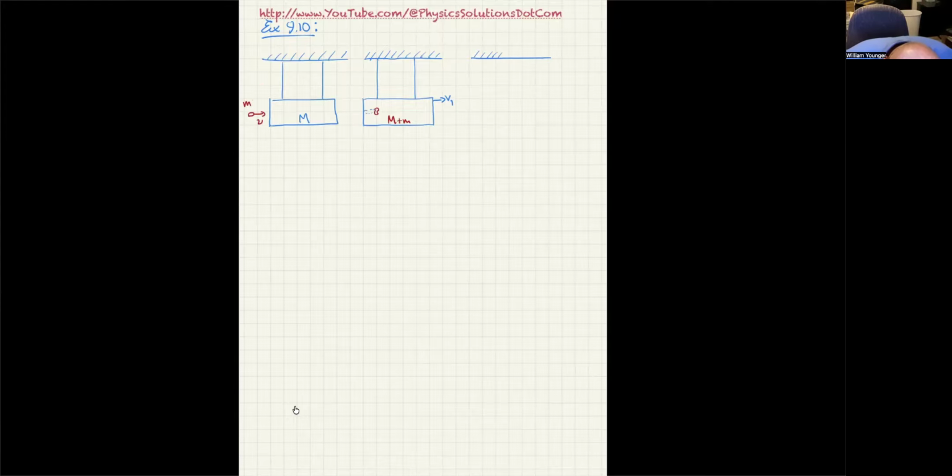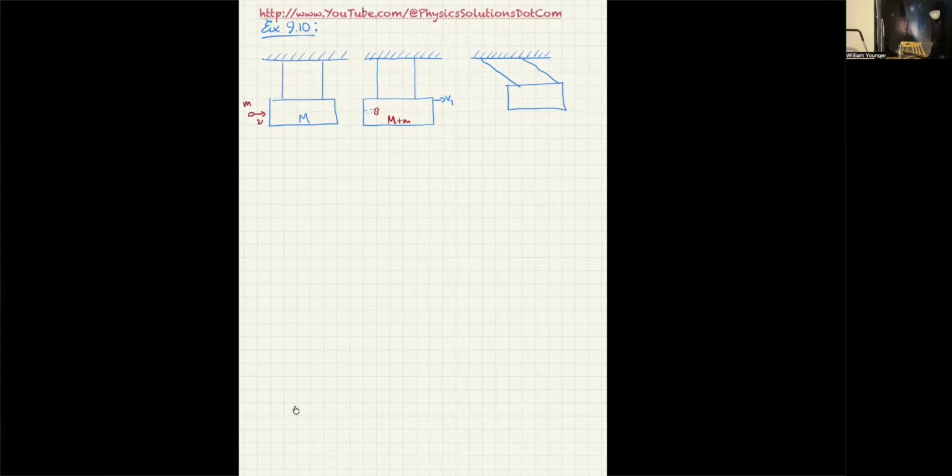The third phase is that this mass, this block, is going to swing up like a pendulum. Because of that, we're going to get a marked change in height. We might, in fact, say the change in height looks something like this. And that's going to give us a big block here.